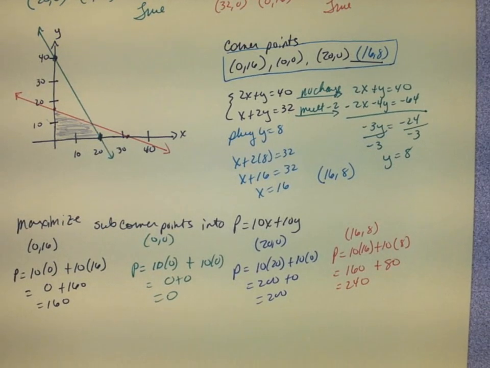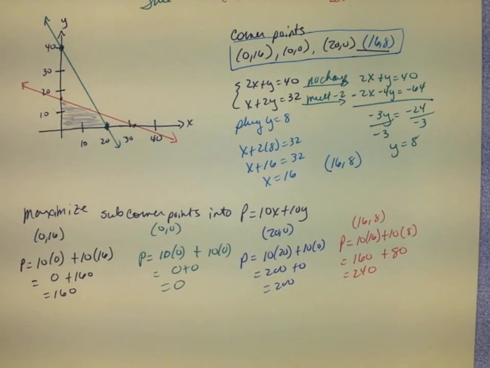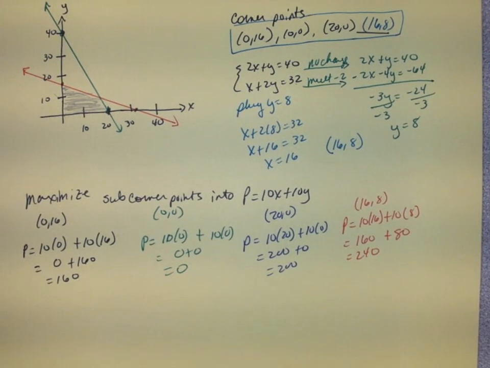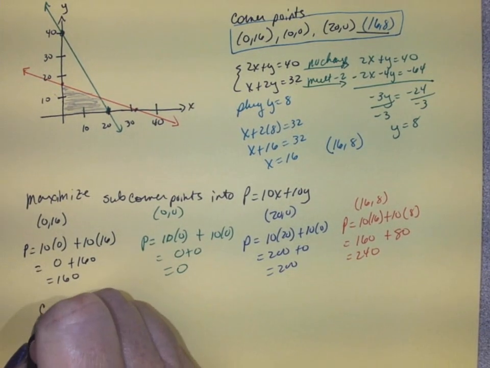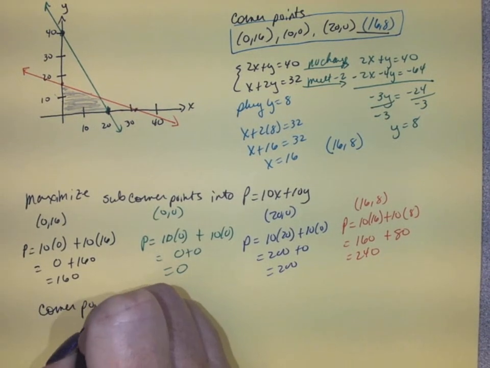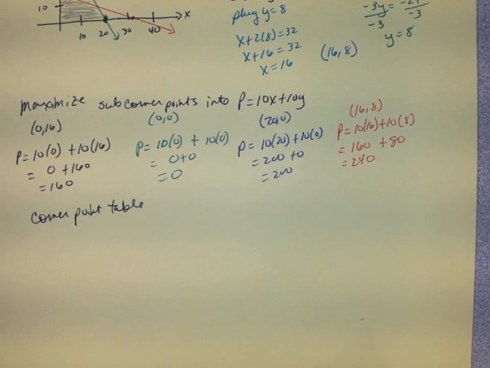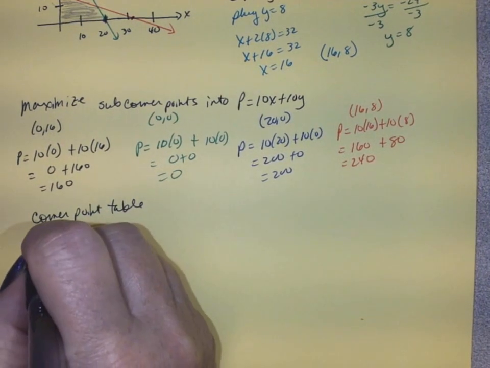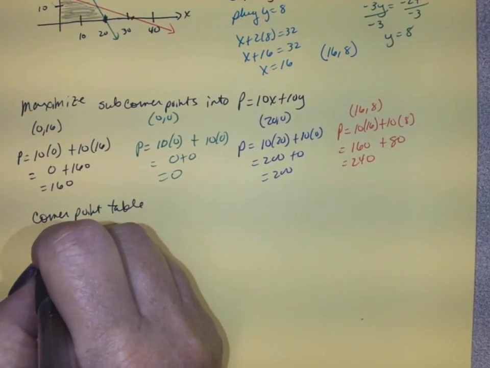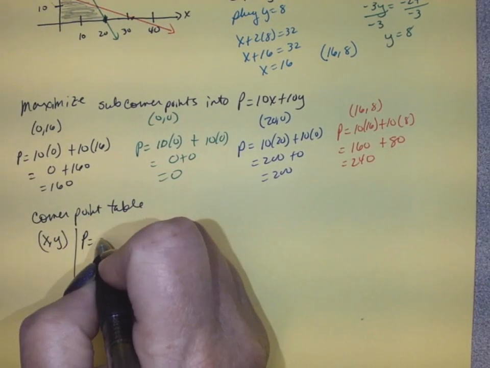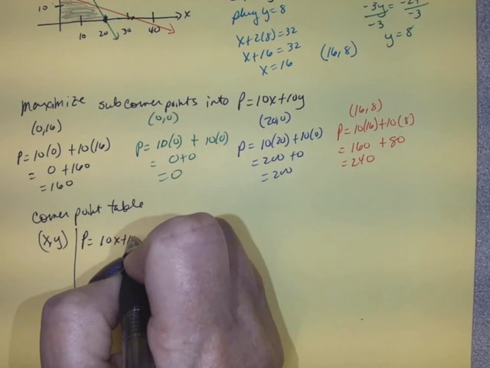All right, so which one is our max? I'm going to create a table. We're going to do a corner point table. So in the corner point table, we will have xy, that's where your corner point goes, and the equation of p equals 10x plus 10y.